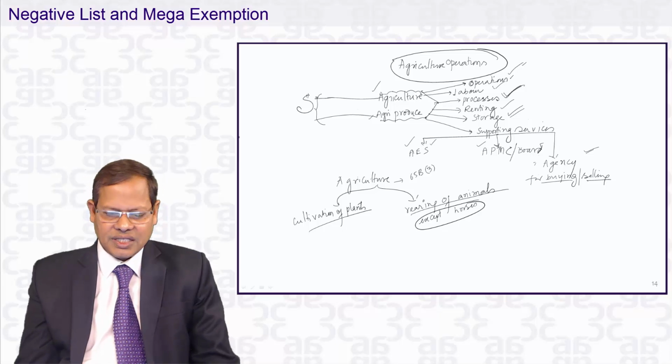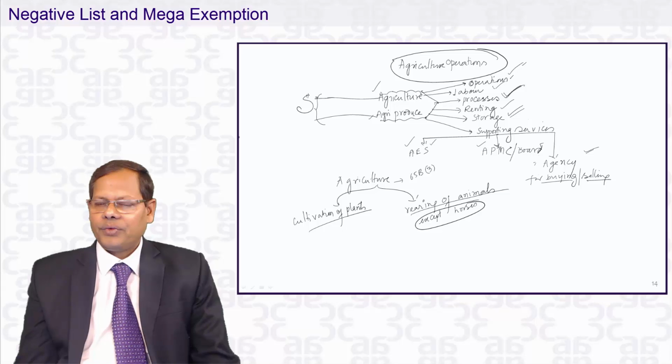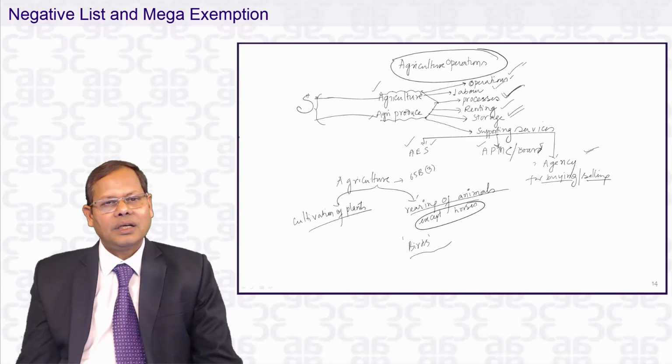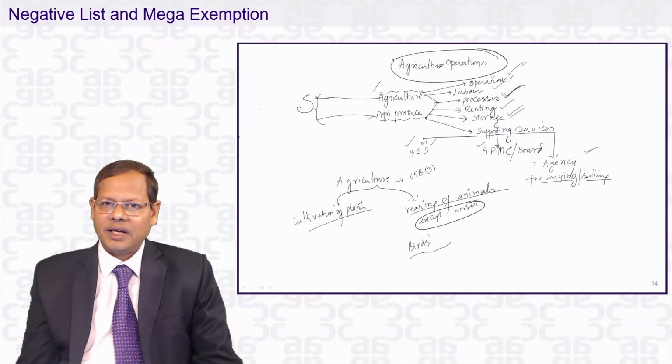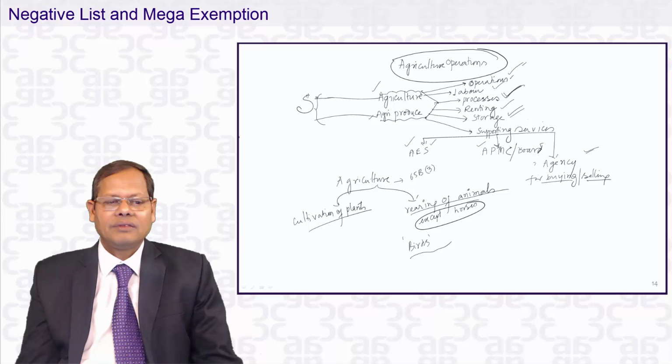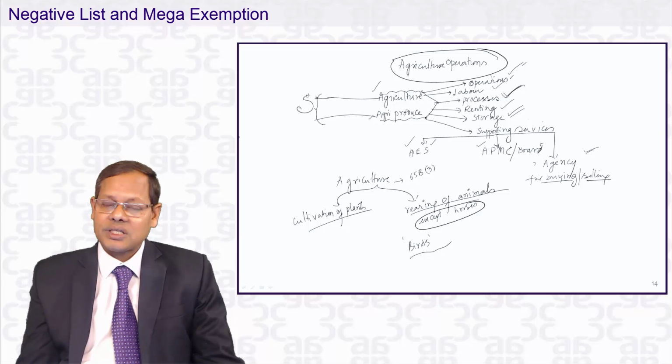The question is, horses are not included, but what about the birds? It's a big question mark. Whether birds are animals. In many laws in India, when they talk about animals, any reference made to animals is said to have referred to birds also.